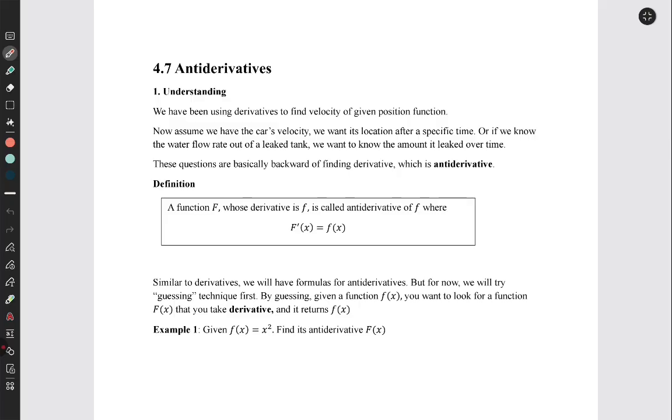Then if we have a backward question, if now we have a car's velocity and we want to know the location after a specific time, I don't like this example, the first example is enough. If we have the velocity and we want to know the position, we need the antiderivative, right?